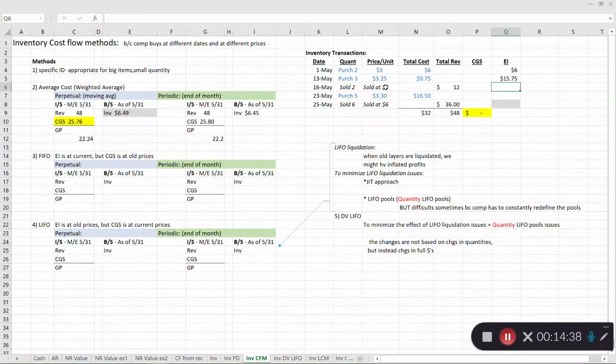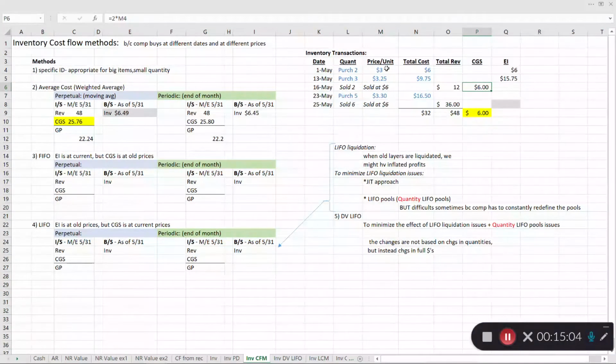So what am I going to cost these out at? Well, if I'm using first in, first out, I need to cost it at the first in right here, which is at $3. So that's going to give me a cost of goods sold of 2 units at $3 each at this cost, and that's $6.